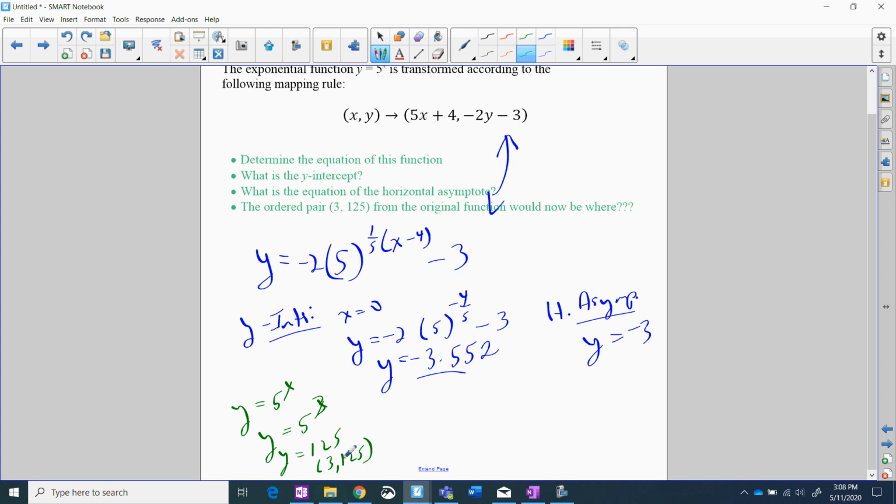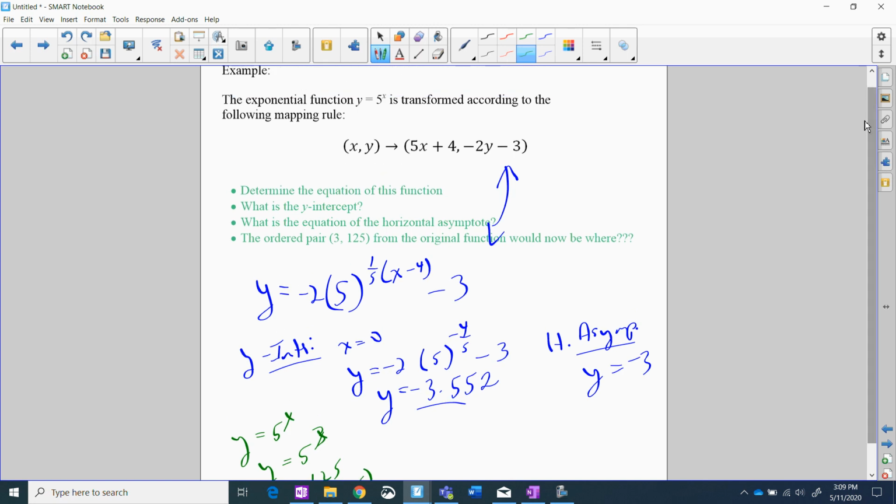Well, you make them up yourself. If your base function is 5 to the x, let x be 1. You'd get 1 comma 5. If x was 2, you'd get 2 comma 25. If x was 0, you'd get 0 comma 1. It could be negatives. If you put 5 to the -1, the y value is 1/5. So you can make these ordered pairs if you need them.